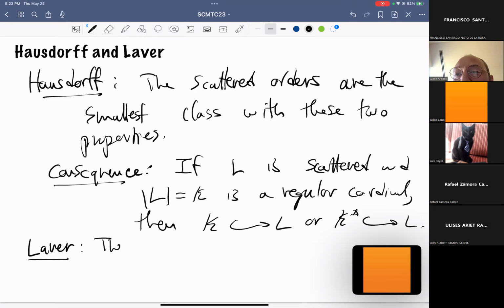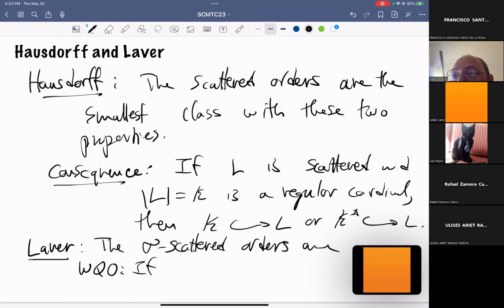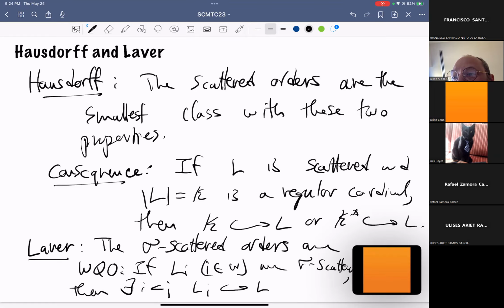That the sigma scattered orders are WQO: if L_i, for i in omega, are sigma scattered, then there exist i less than j such that L_i embeds into L_j.